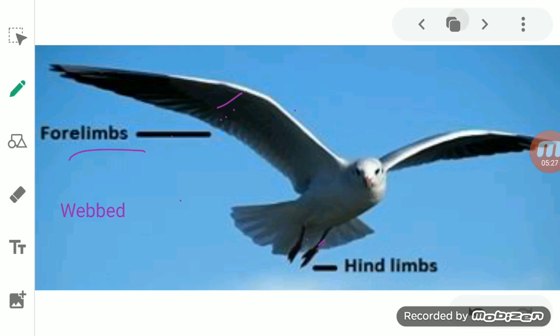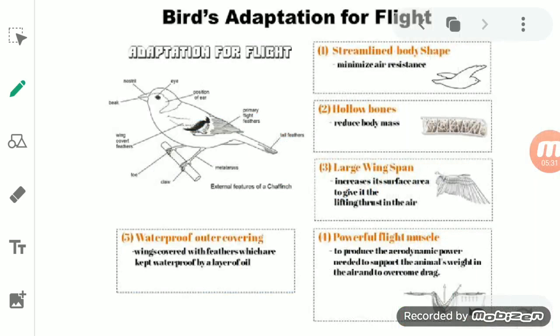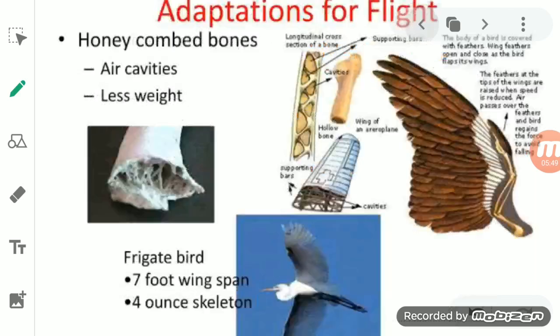The second one is the feathers. The flight feathers provide a large flat surface, which is light but also strong.